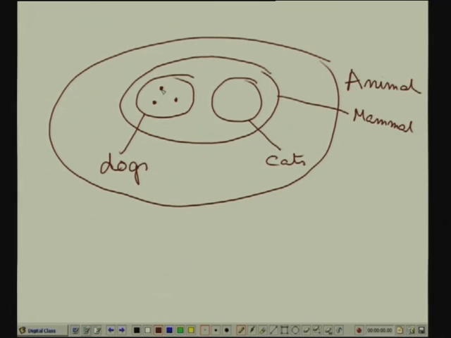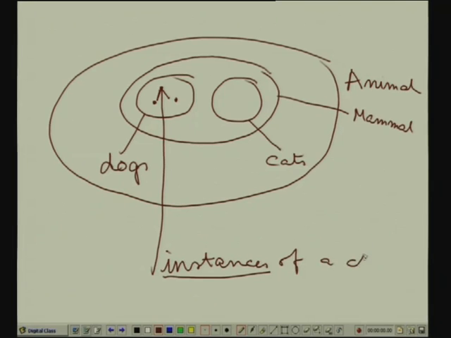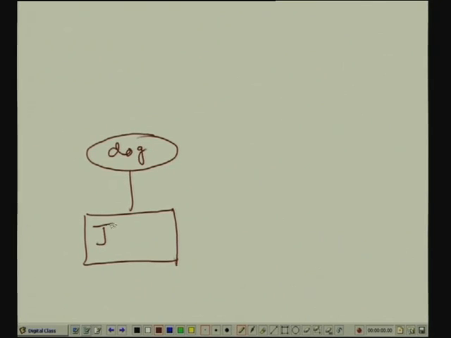Or if I say dog, and Jimmy is an instance of dog, and dog is a mammal. Now, this is an is-a relationship, and this is an instance relationship, right. So, Jimmy is an instance of dog, and dog being a mammal, Jimmy is also a mammal.